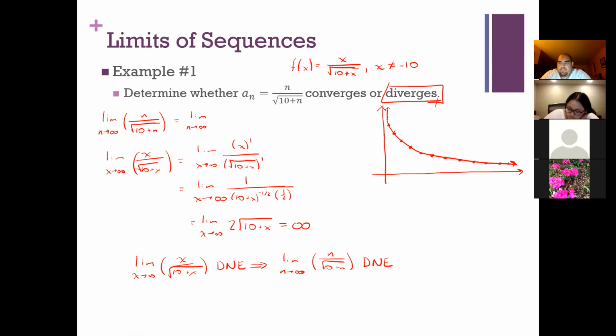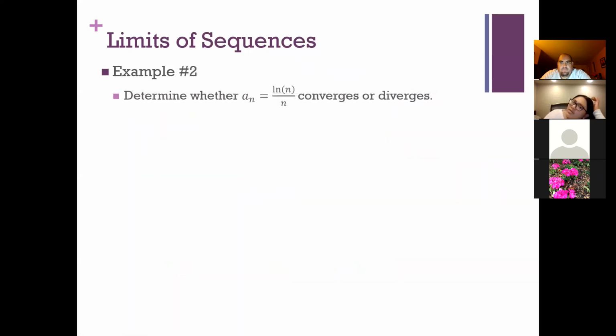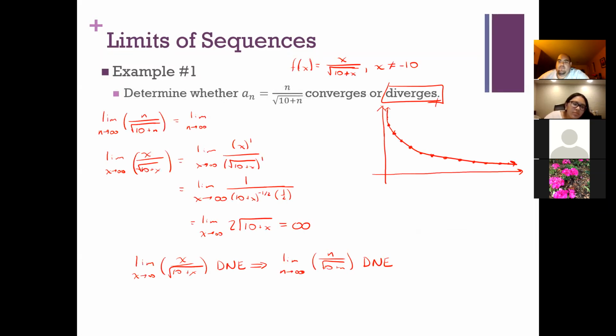Any questions on that one? I don't know if you could show us how you're going to do it without L'Hopital's. Yeah, so if you want to do it without L'Hopital's rule, what I could do is this.